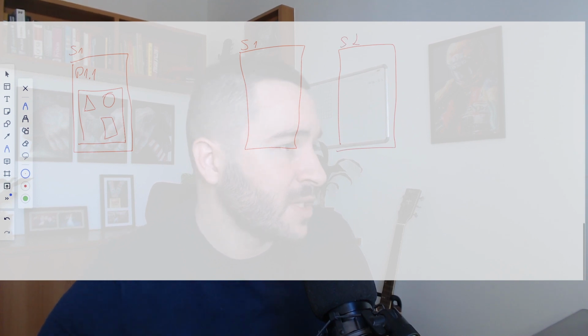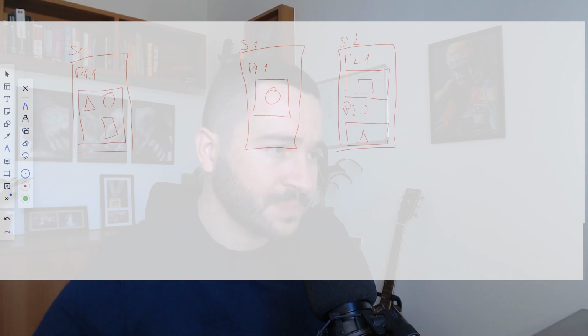And these servers are running maybe in a process 1, your sales application, and here you have in the process 2.1 your procurement system, and in the process 2.2 you have your inventory system.